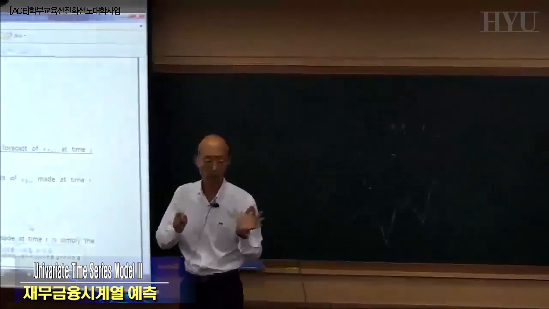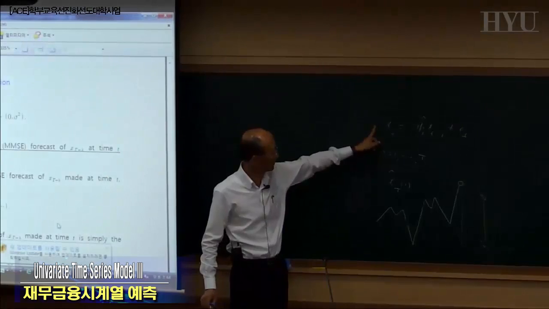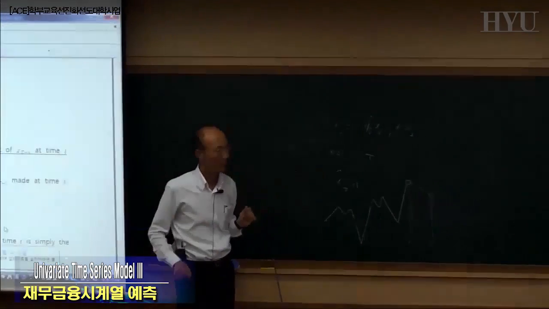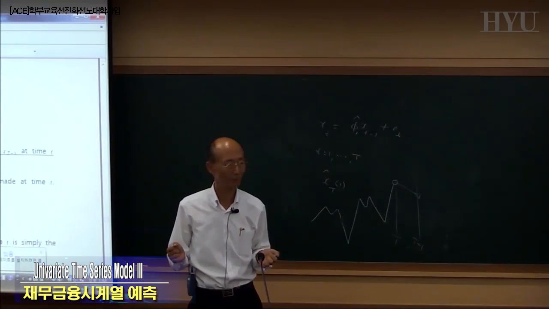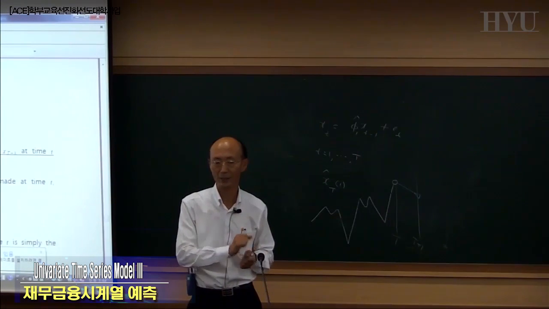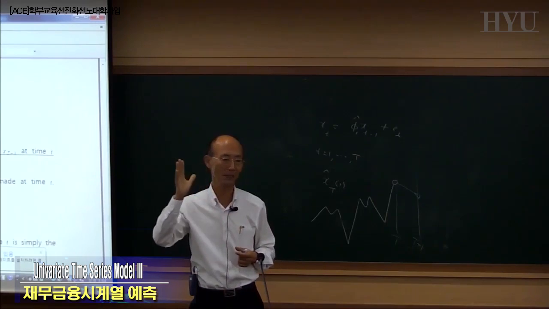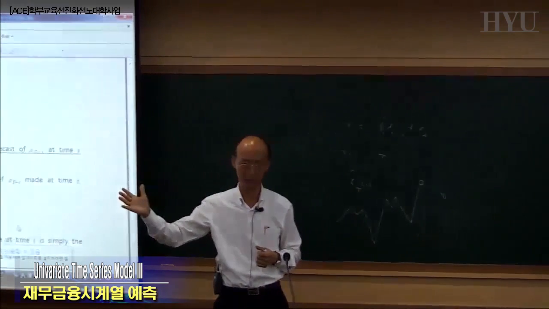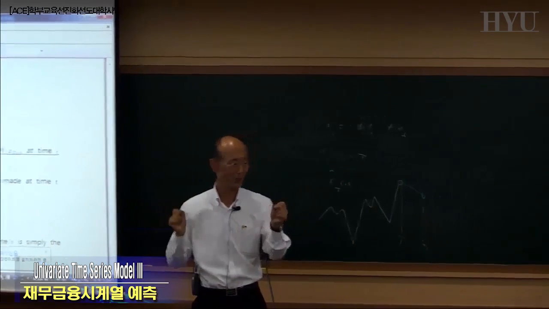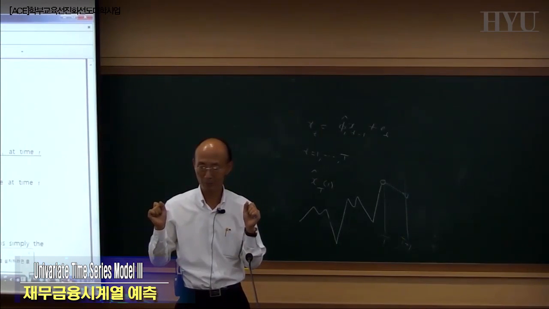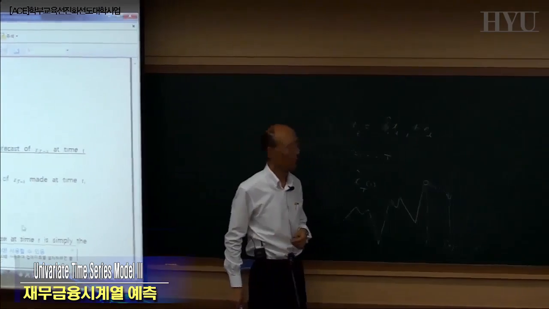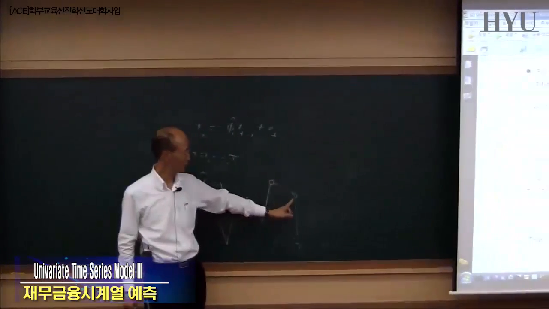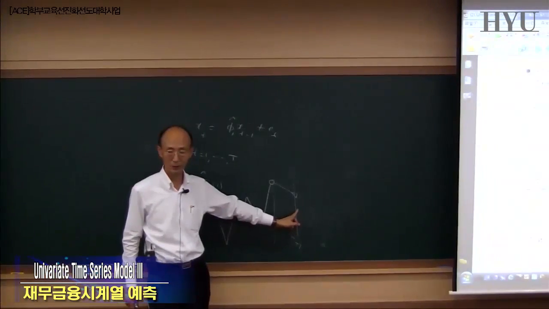But before we look at this structure, like this AR(1) process, we have to think about what the criterion is for judging that forecast A is better than forecast B. In one sense it is better, right? So there are many ways. Even my wife can give me some value as a forecast.